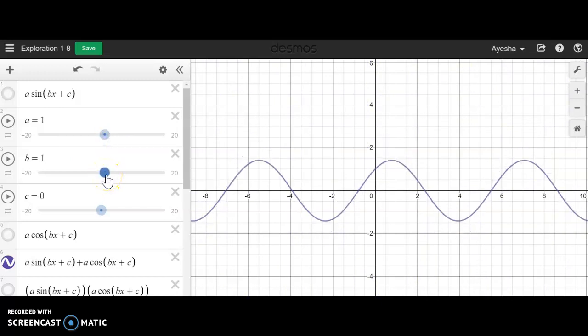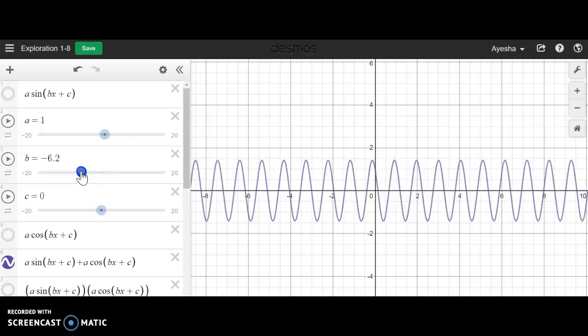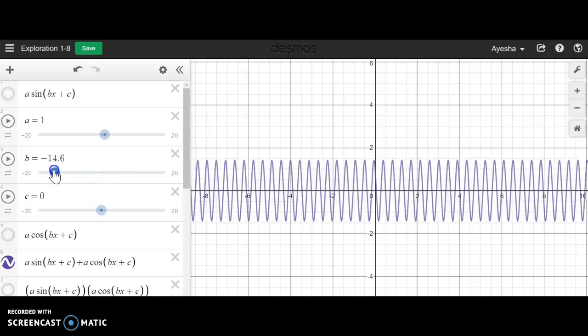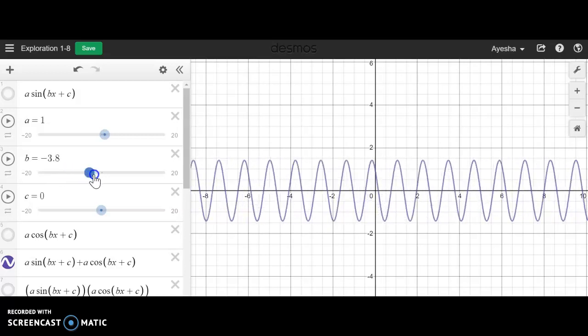For b, let's see what happens when we change b from anywhere between negative 20 to positive 20. We have decimals included in this, because I didn't want to leave decimals out. So here we go, we are changing b.